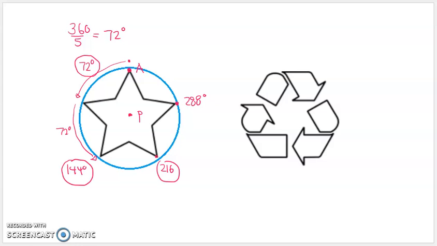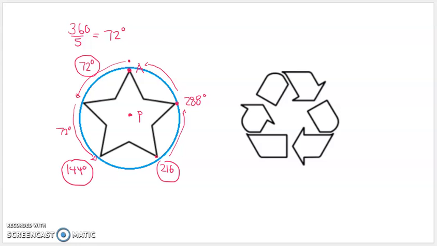And again, you've got rotational symmetry between 0 and 360, and everything has 360. So there would be 1, 2, 3, 4, and if you want to count the 360 degrees, but again, you generally don't count that. So there'd be 4 rotational symmetries, 72 degrees, 144, 216, and 288, all about the center P.